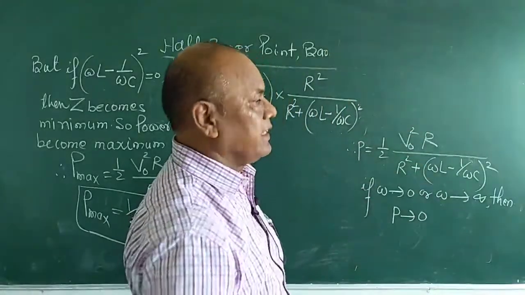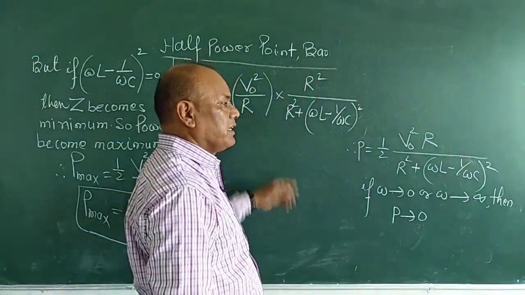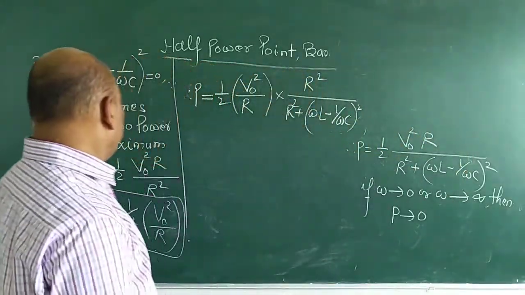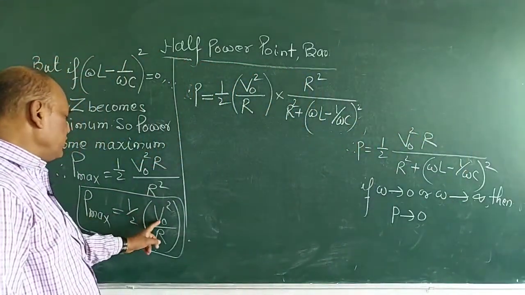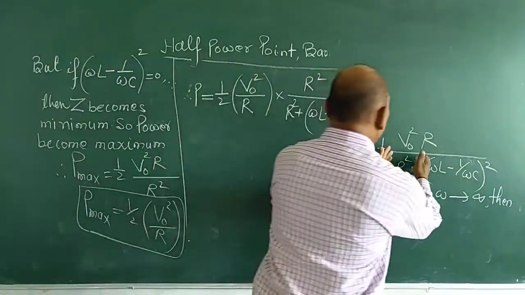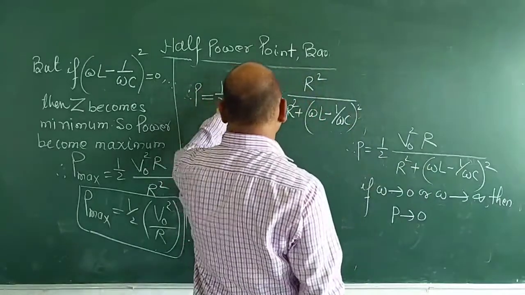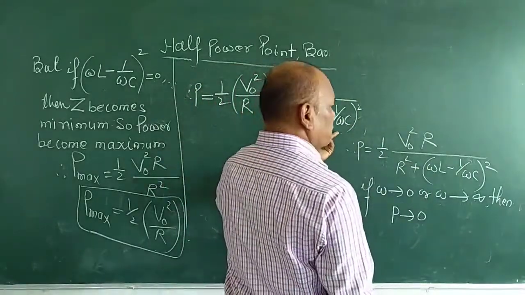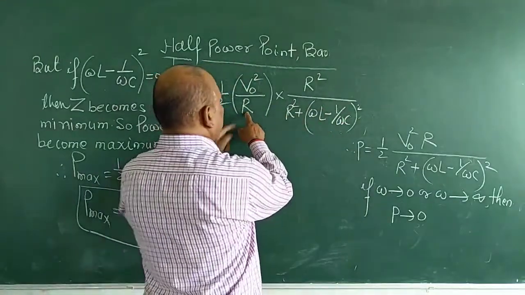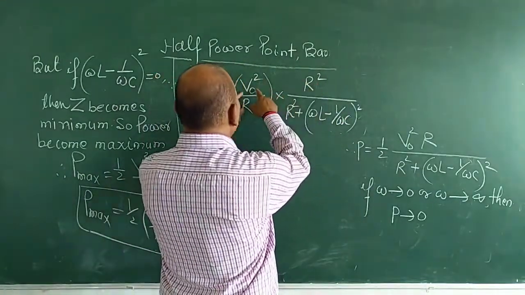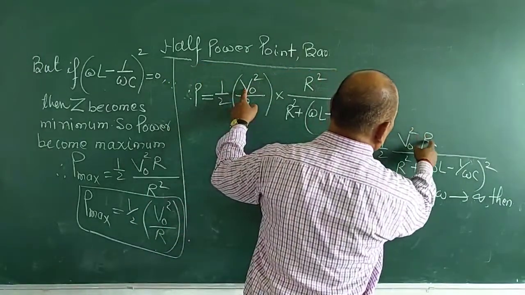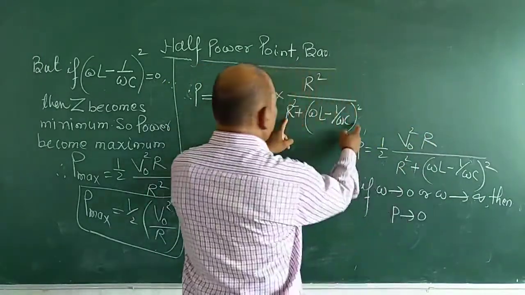Look carefully at how this comes about. We substitute the value P max, half V0 square by R, in that equation. When you solve it, R square cancels and you get V0 square into R divided by this much.